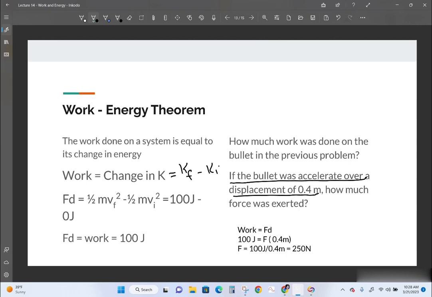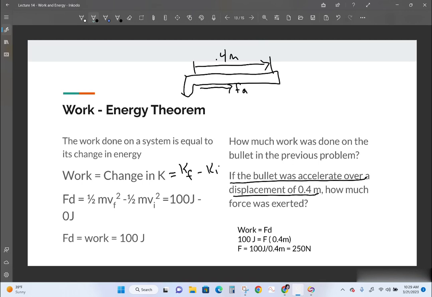Let's just draw a picture of what's going on here. This is a rifle, obviously. This is 0.4 meters or 40 centimeters. And we're going to apply a force to it.